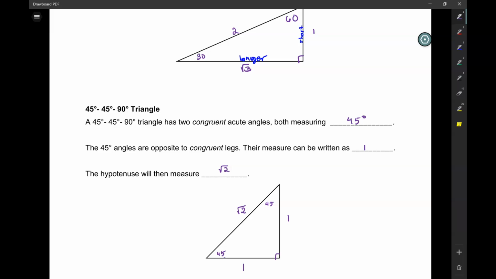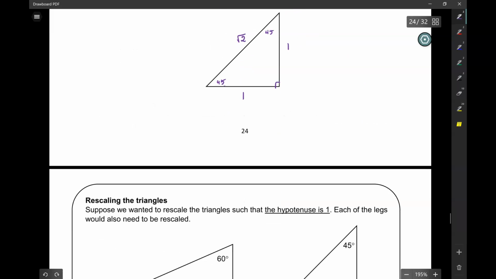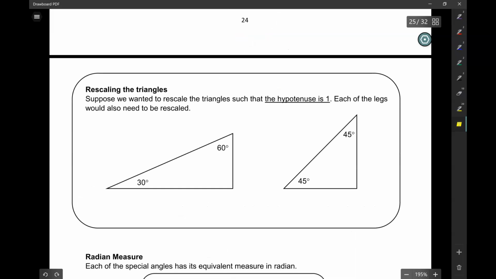Shrink them proportionally. All right? So like literally click and drag shrink. All right? So suppose now, we call that rescaling. Suppose I wanted to rescale the triangles such that the hypotenuse is 1.